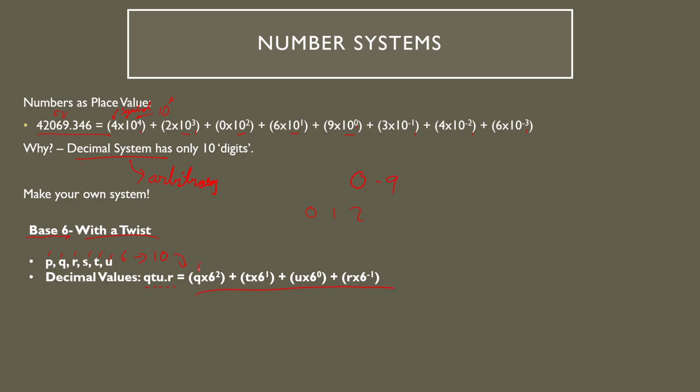So it's the same analogy as mentioned above. Q times 6 squared, T times 6 to the power 1, U times 6 to the power 0, R times 6 to the power minus 1, and all of these together form the decimal equivalent of the number you're supposed to be using. So if the human put this into their calculator, it would give them a decimal answer.